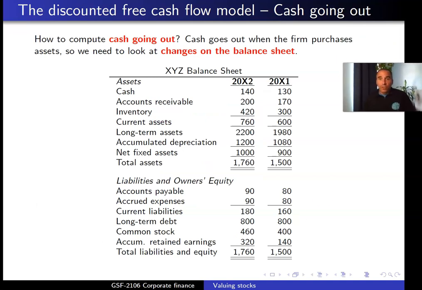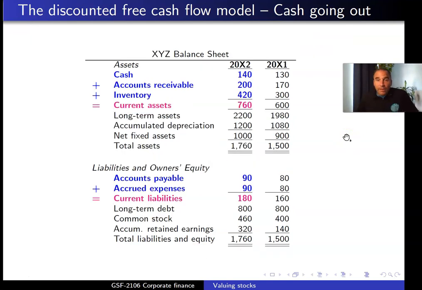How do we compute cash going out? Cash goes out when the firm purchases assets. So to determine how cash goes out, except for the cost of goods sold and taxes paid, we have to look at the cash that's being used to purchase assets.